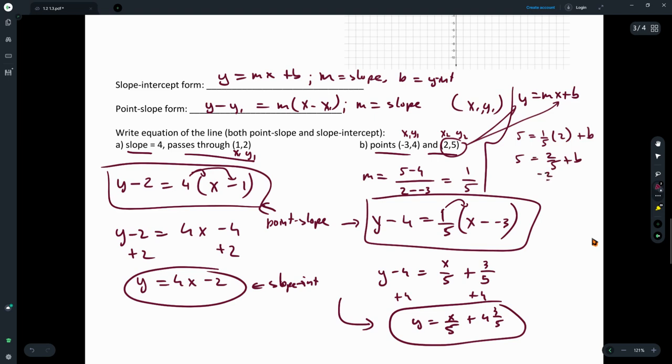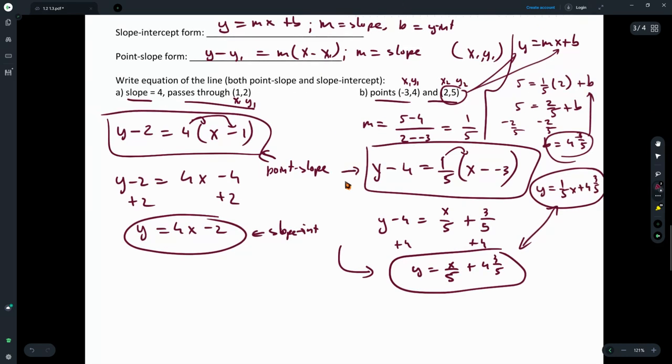You subtract 2/5, and b is equal to 4 and 3/5. And then once you have that, you plug it in there. So y is equal to 1/5 x plus 4 and 3/5. So it looks exactly the same. So those are the different ways that you can find the slope intercept form and the point slope form.